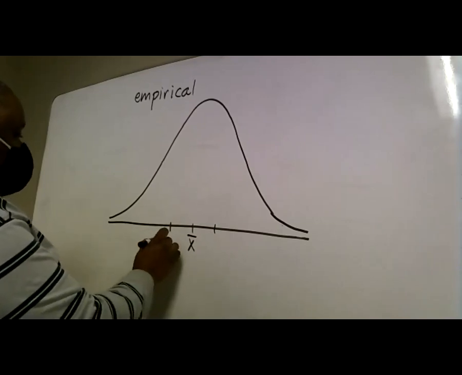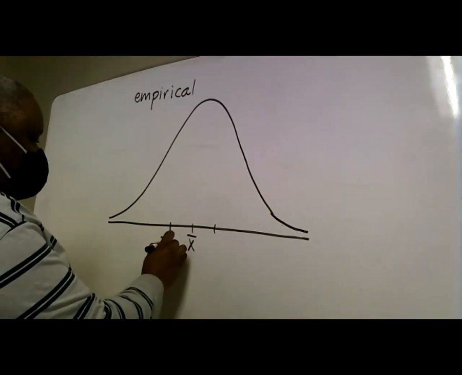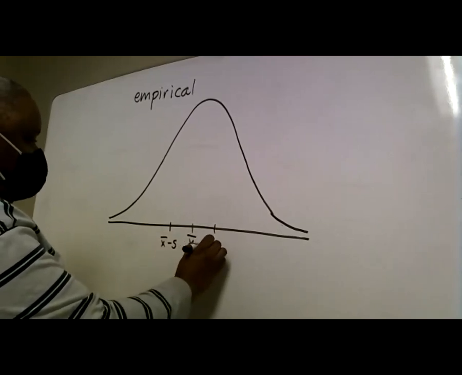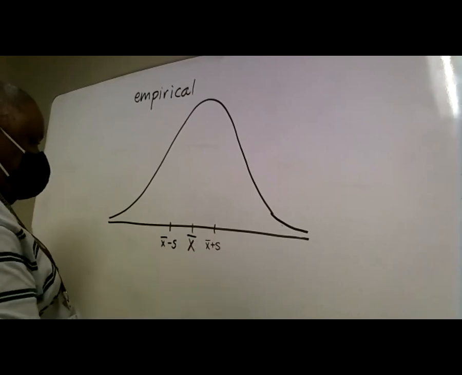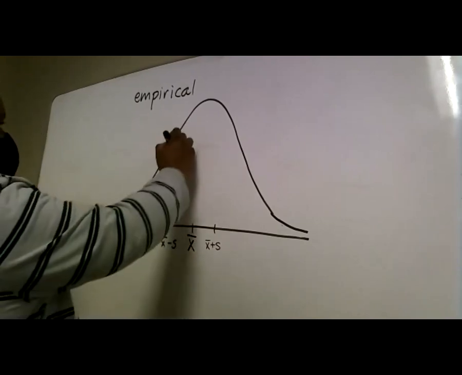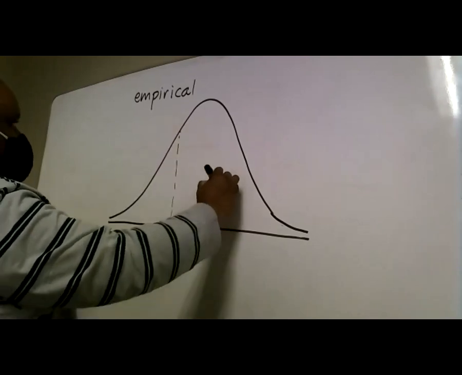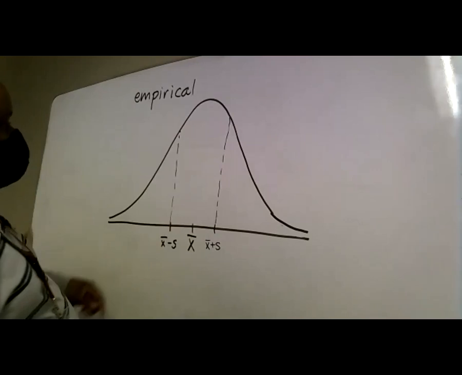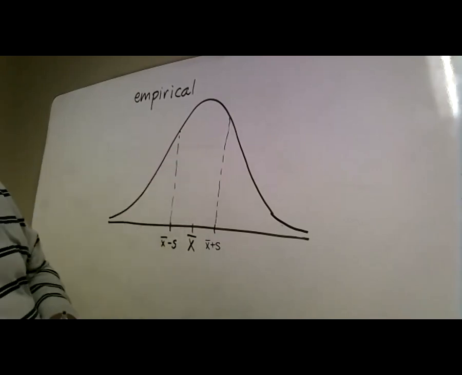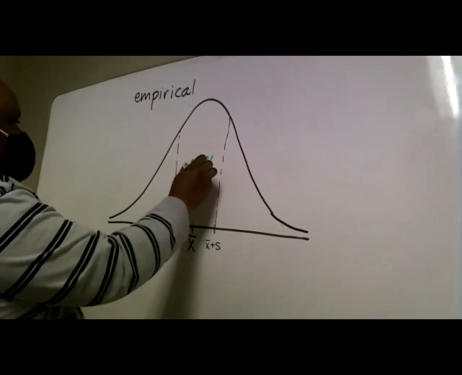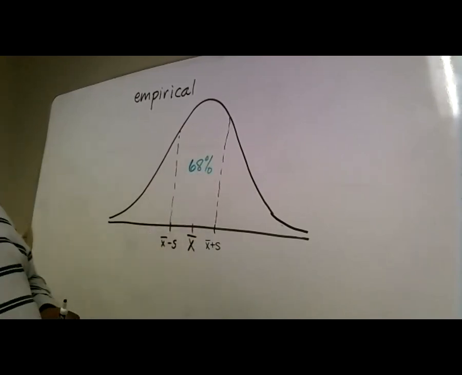So 1 below would be the mean minus 1 standard deviation, and 1 above would be the mean plus 1 standard deviation. Okay, so this represents 68% within 1 standard deviation of the mean.